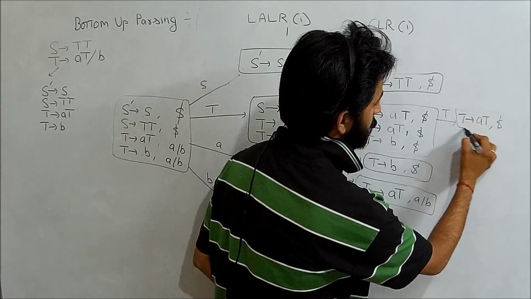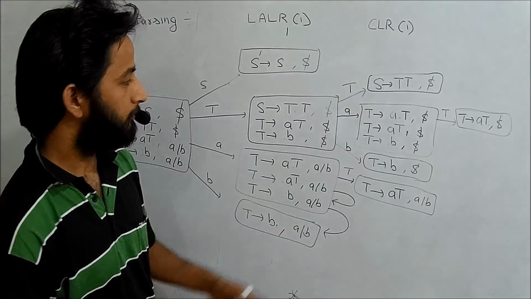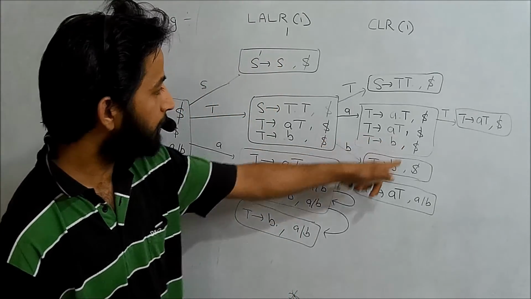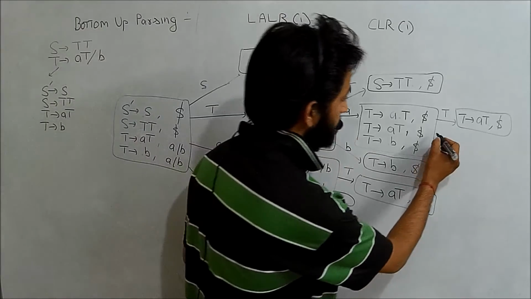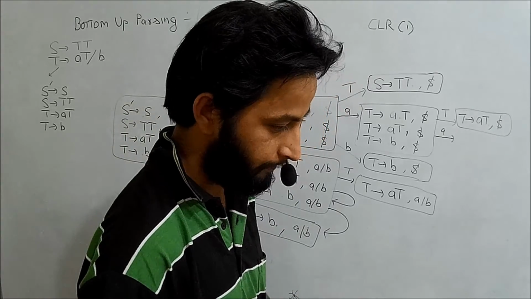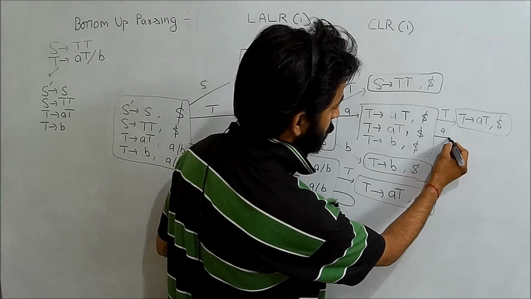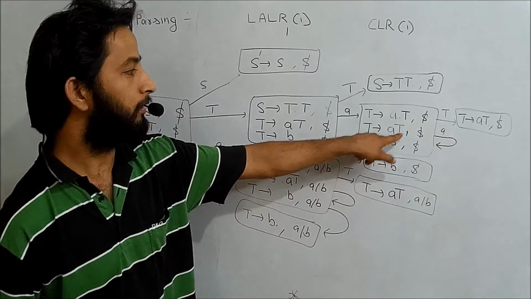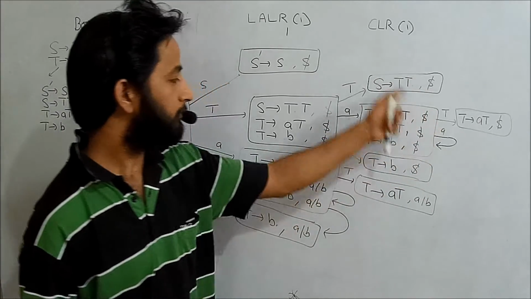So this is also the final item for T. Now I will check for the movement of dot to this point. So for A, it will remain same, because when I move the dot, the look ahead will remain same, and this will follow this whole one.